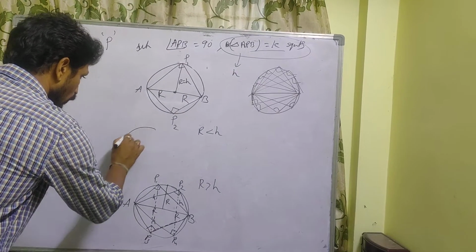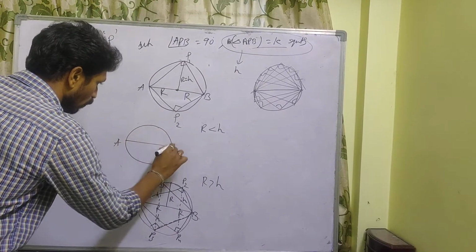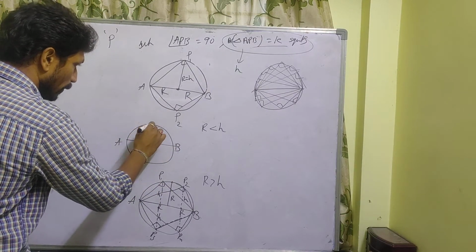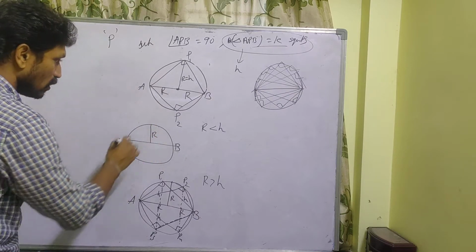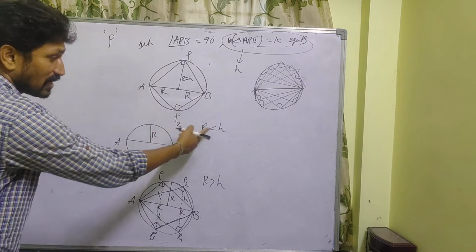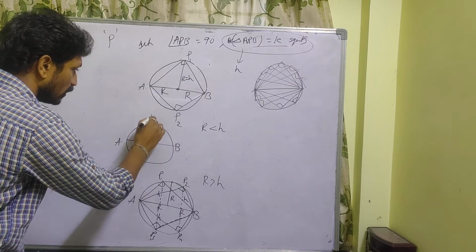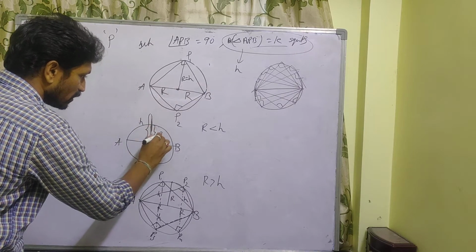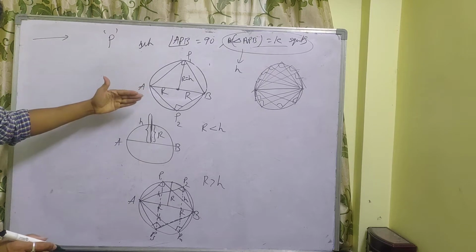That means if you want to make a circle like this, this is AB. If you want to take a point P such that angle APB is 90 degrees, you understand, this is radius. So radius is less than height, height will be more. This is height, this is radius. So it should be outside of the circle.